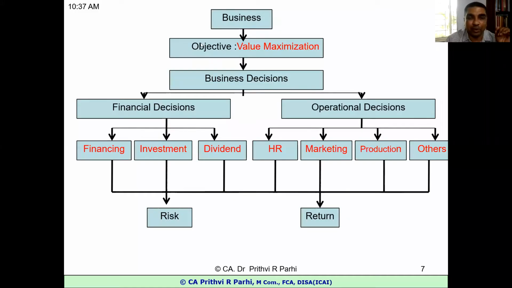Now, friends, let me share one more chart. This concept you have understood, that when you take a business decision, we take into consideration the return and the risk, and we do a balancing or trade-off between the risk and return. To understand or measure this risk and return, we need to understand the financial system.